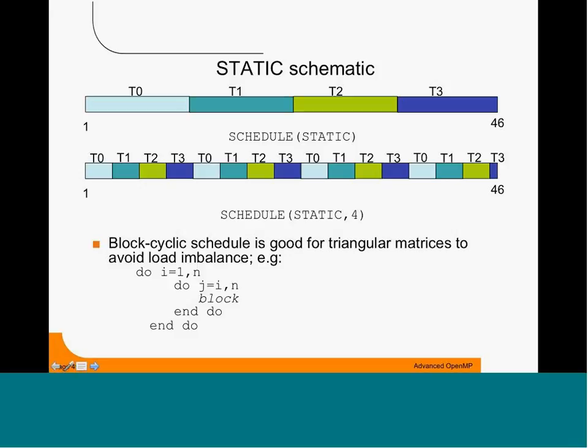Third thread will finish 9 to 12. Fourth is going to finish 13 to 16. Whatever. So you make the difference when you specify the chunk size.